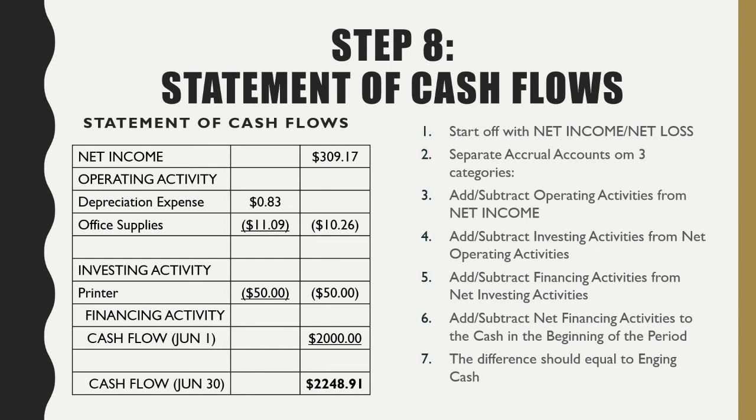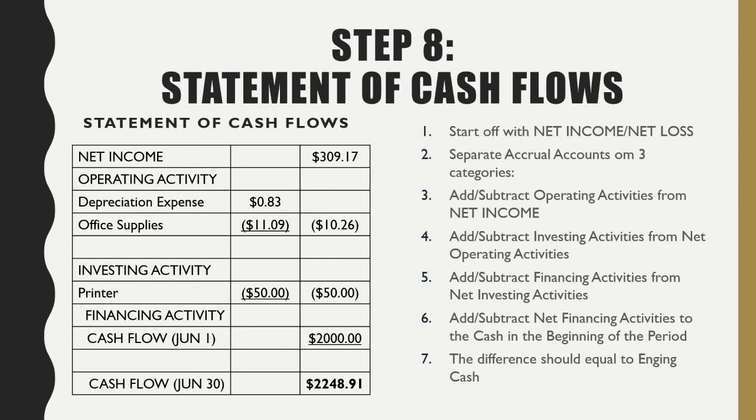And the difference between those should be the difference between the beginning amount of cash that you started with in the business versus your ending balance that you solved for when you ran your adjusted trial balance and everything, right? That's going to be the last thing that you should have to show you the difference between them and where you stand as a company on a cash basis, right? How much cash is flowing in versus how much cash is flowing out.